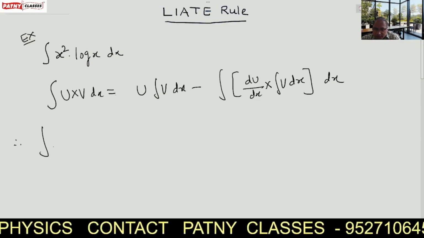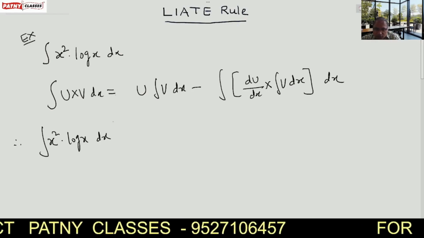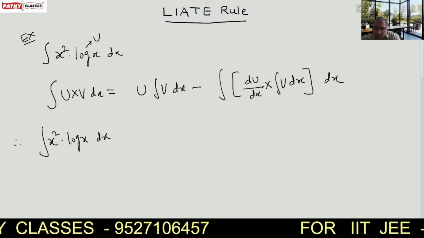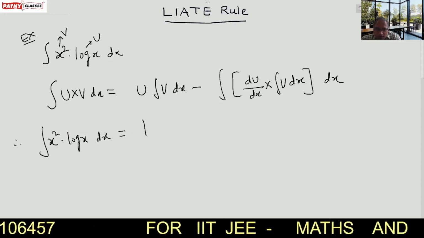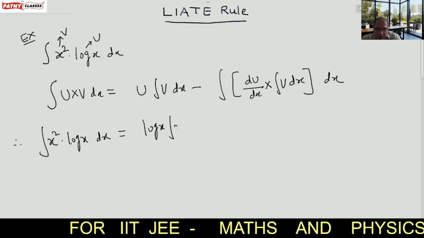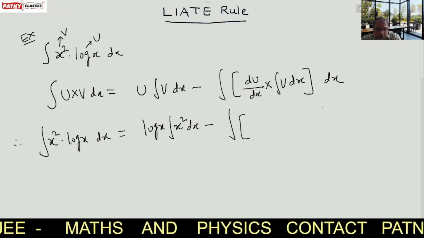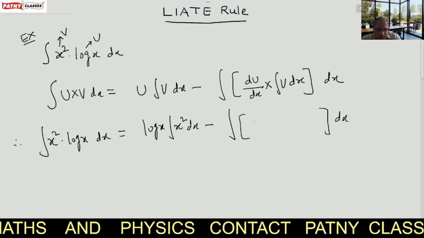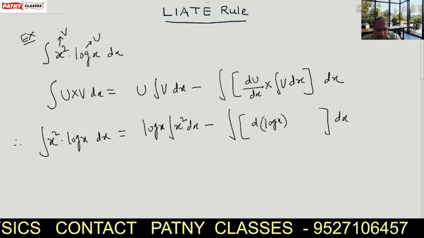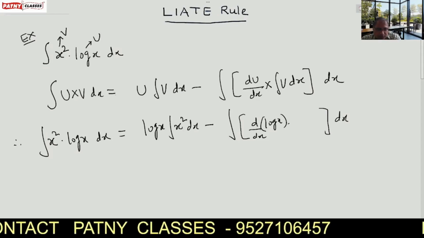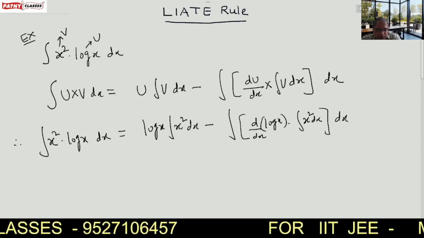Therefore, for integration of x square log x with respect to x, log x is u and x square is v. Putting into the formula: log x times integration of x square with respect to x, minus integration of the box, inside which is du by dx, that is the derivative of log x with respect to x, into integration of x square with respect to x.